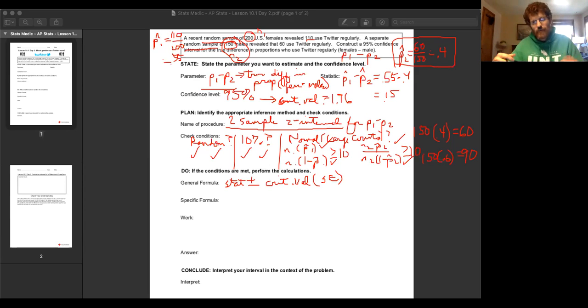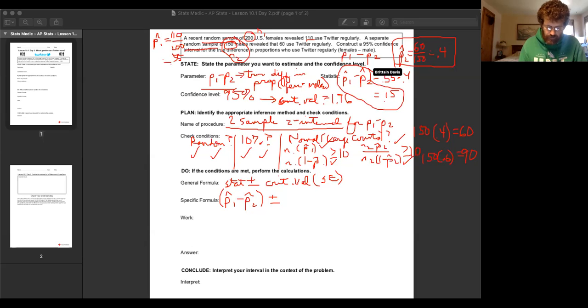Now I want to customize it for this particular problem, because my specific formula is that I'm looking at a difference in proportions. So p hat 1 minus p hat 2 is my stat. Plus or minus, and notice we already calculated that up here. My critical value is going to be a z star value.